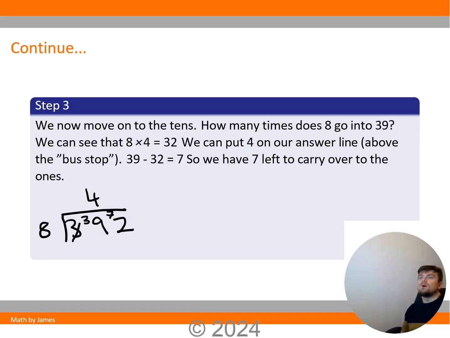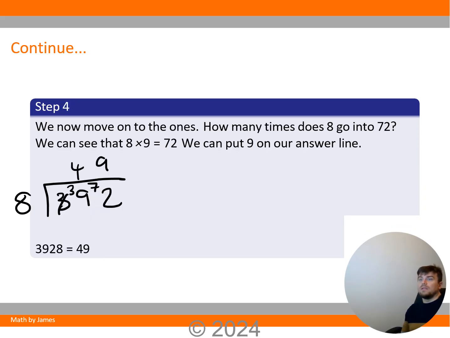So here we know that 4 fit in, and we have 7 remaining. So we can put the 4 on top, and we know we've got 7 remaining, which makes it 72 ones, and 72 divided by 8 would give us 9, and that gives us 49 here.